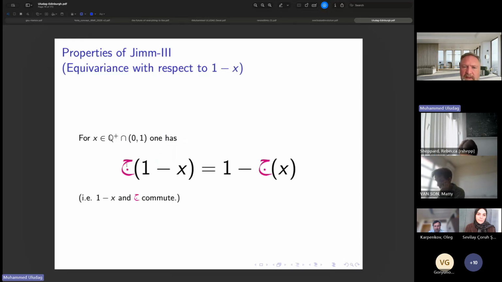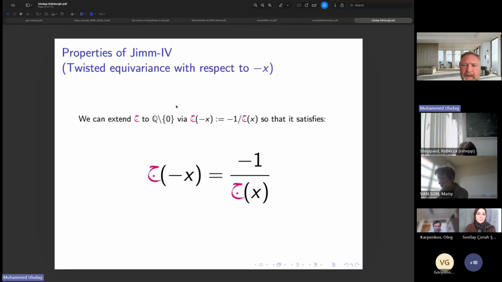Moreover, Gym(1 - x) equals 1 - Gym(x). So this is also a kind of equivariance equation, and it says simply that the functions 1 - x and Gym commute. We also have a twisted equivariance with respect to -x. But in order to introduce it, we have to extend the function to the set of negative rational numbers as well.